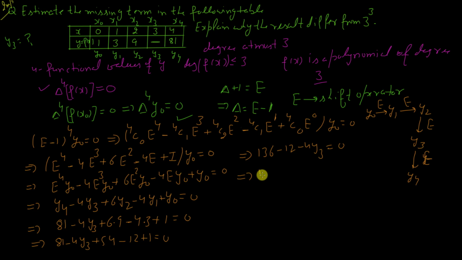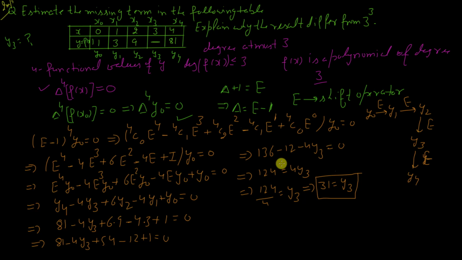This implies that this will be 124 and this will go over here, and 124 by 4 is equal to y3. So this implies that 31 is equal to y3.